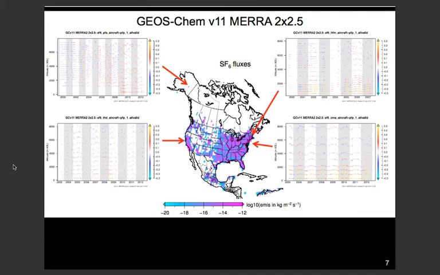There we go. The other nice thing about the ObsPack we have for SF6 is that it has a series of aircraft profiling sites in it. These are time series from four different locations: Poker Flat, Alaska, Trinidad Head in California, Harvard Forest, and Cape May, New Jersey on the right.